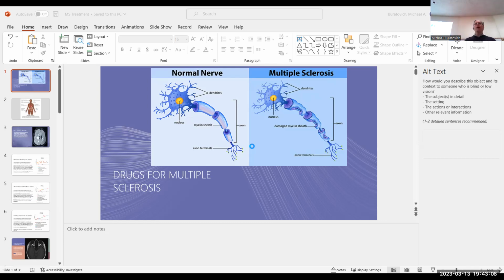So these are interferon betas. These reduce clinical relapses by 30 to 35%. They can cause injection site reactions, and people on interferons can feel really yucky. They can feel like they have a flu.